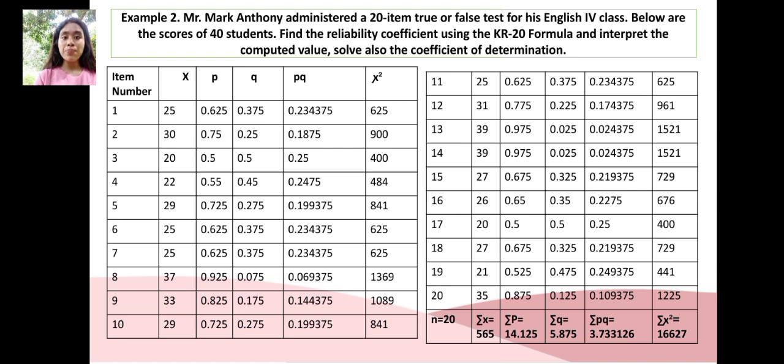Nakuha ra? Okay, so the P or proportion of item number 2 is 0.75. So 1 minus 0.75 is equal to 0.25. Okay, are you following? Then in item number 3, the P is 0.95. So 1 minus 0.95 is equal to 0.05.